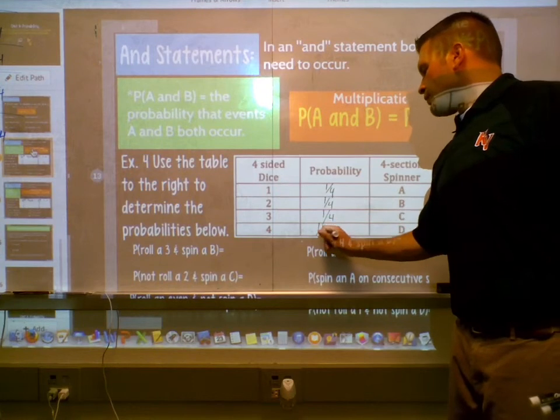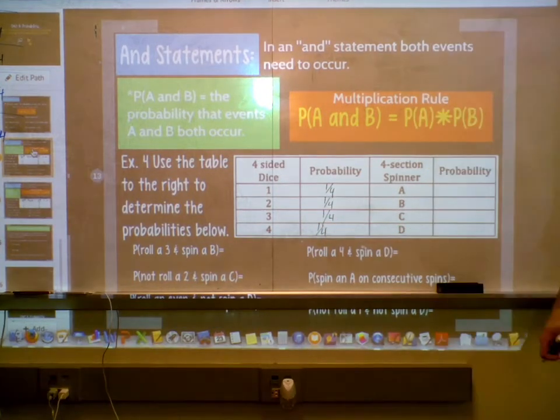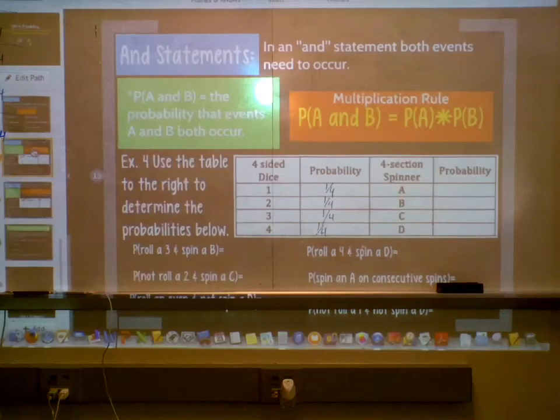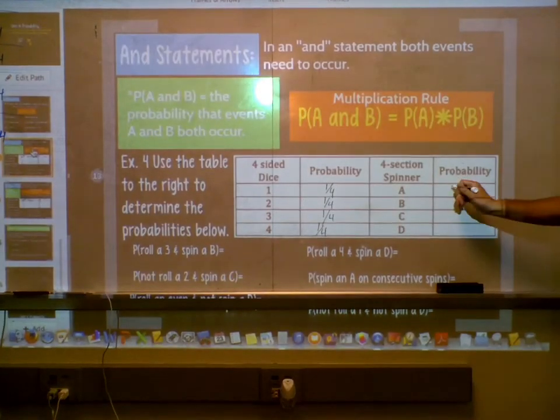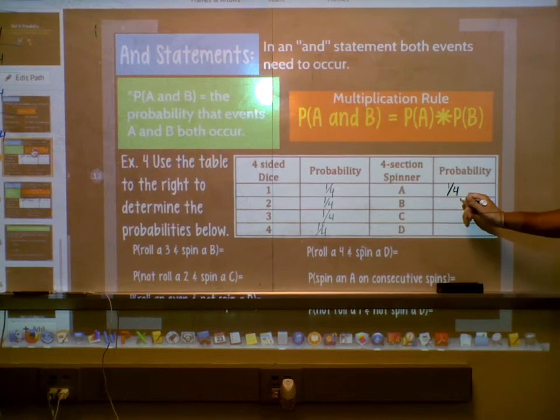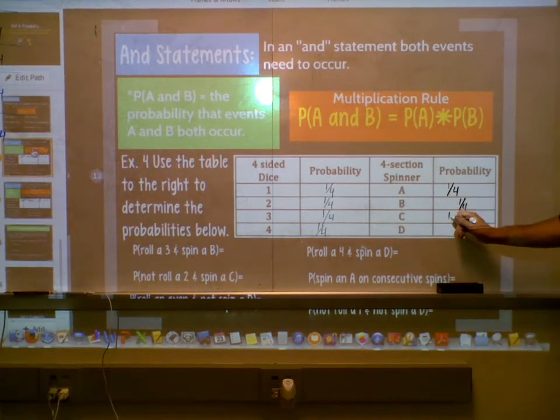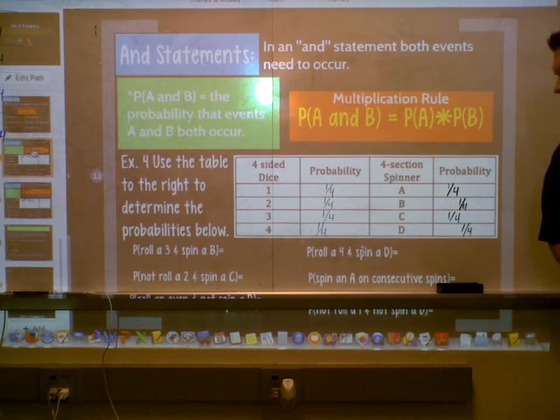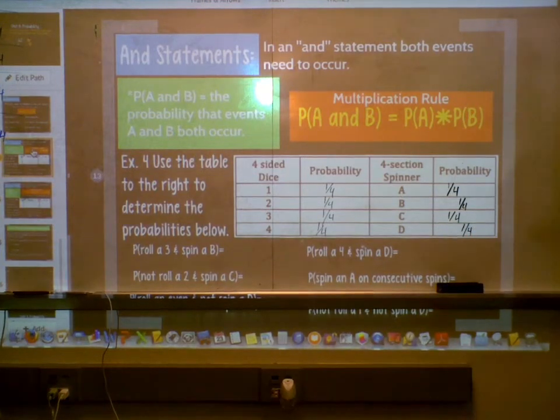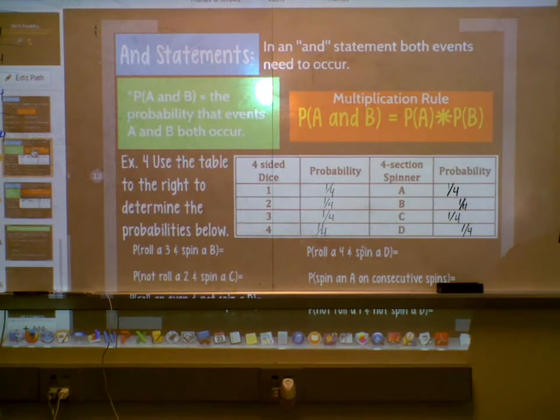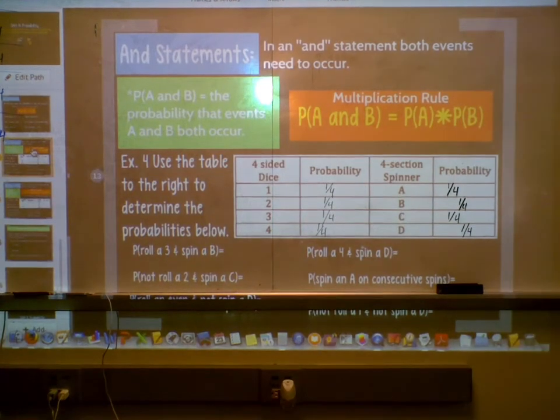They all have a probability of 1 out of 4. 25%. With the four-section spinner, since there are 4 equally spaced sections, their probabilities are all 1 over 4.